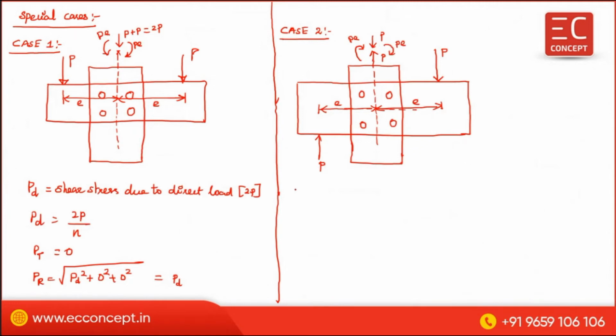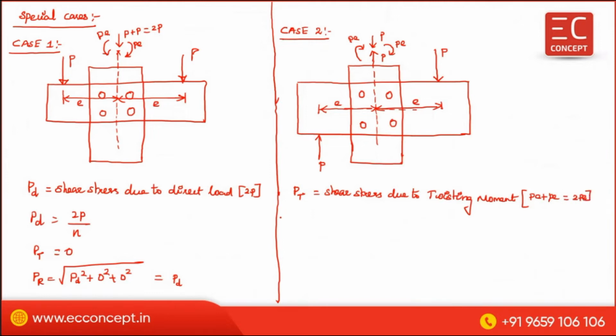Now, here only PT is acting on each and every bolt. What is PT? It is the shear stress due to the twisting moment. What is the twisting moment? PE plus PE, which is equal to 2PE.